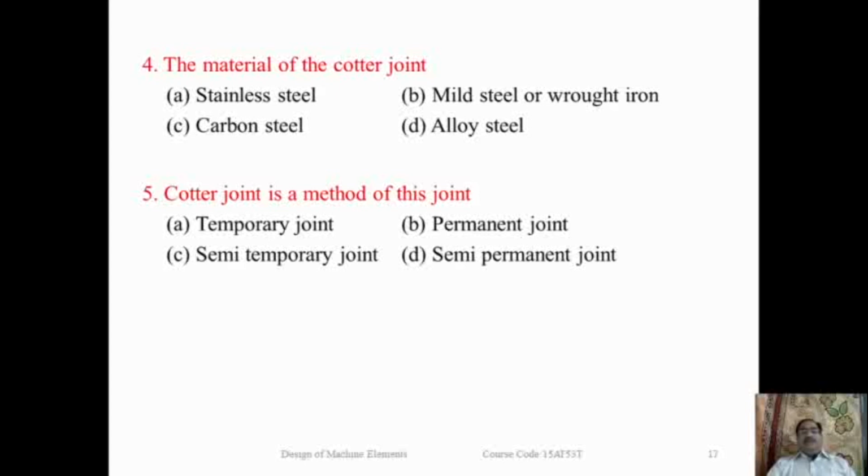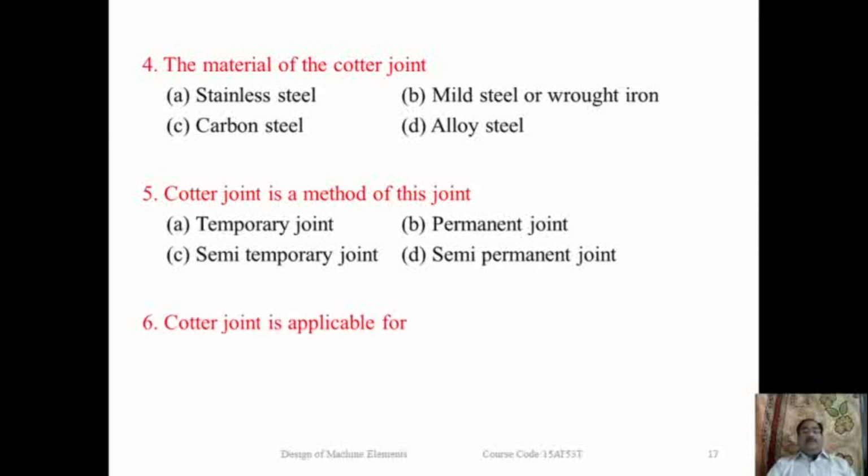Fasteners, cotter joint and knuckle joint are examples of temporary joints, whereas welding and riveting are examples of permanent joints. So the cotter joint is a method of temporary joint. So here the option is A, that is temporary joint.